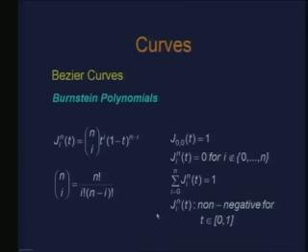These properties of the Bernstein polynomials in turn render lots of properties for the Bezier curve, which we have seen last time. This partitioning of unity and the convexity of these coefficients are useful for the properties of the Bezier curve.